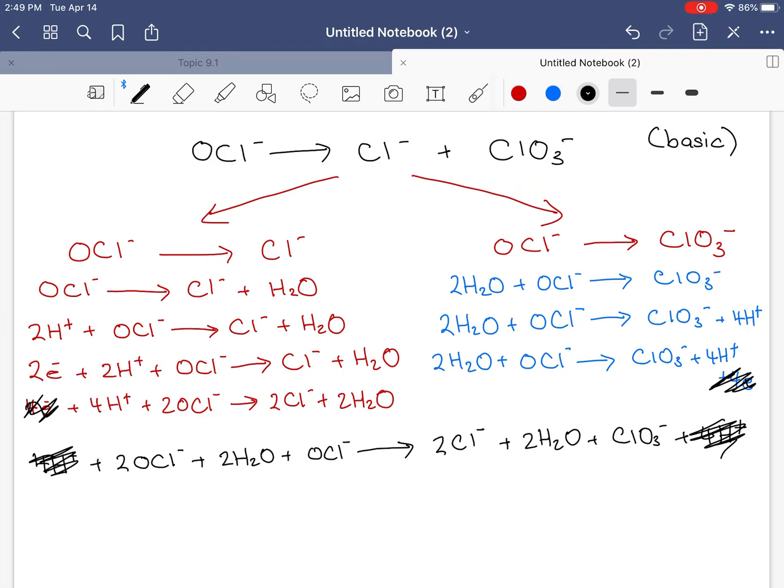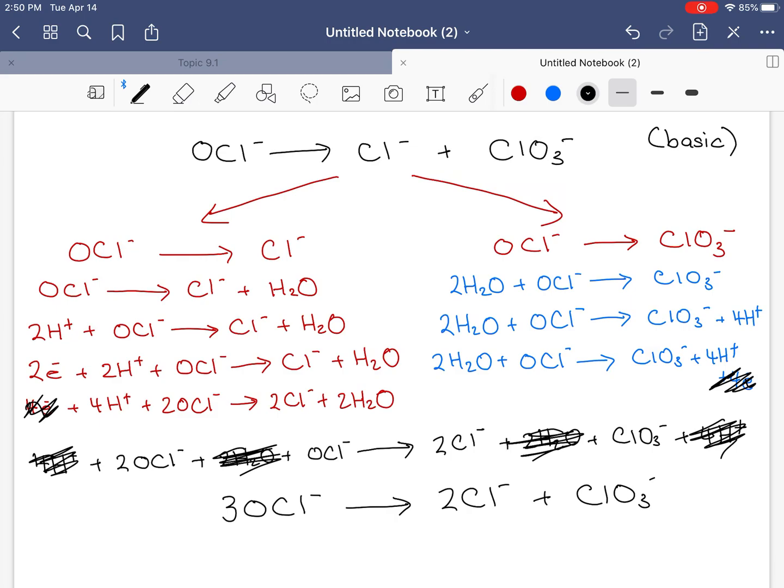Oh, this may be a bad example, actually. But there are other things that you can do to this. Of course, water can go. There's no need for water to stay. And if you look closely, you can actually combine the 2 OCl minus. This becomes 2 chloride ion plus chlorate ion.